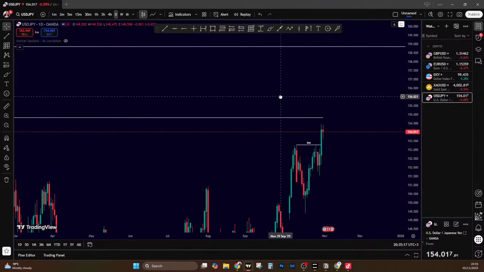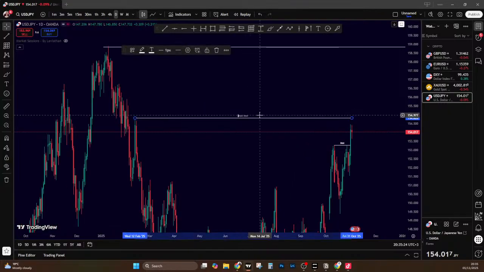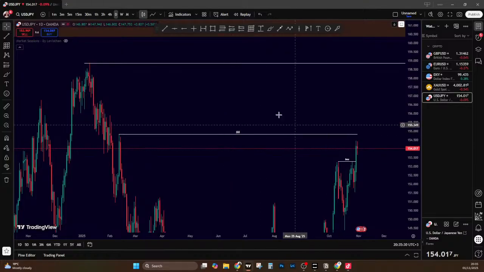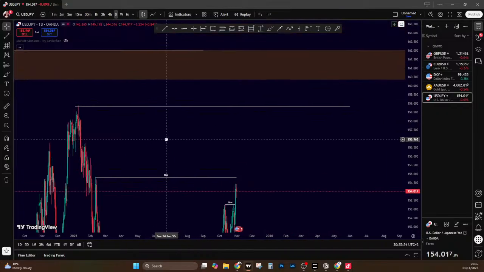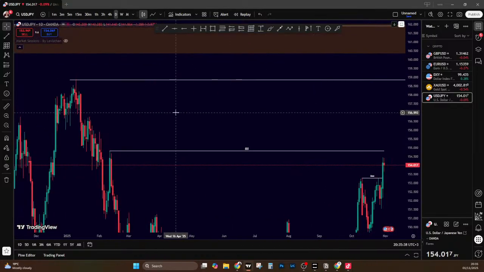I'm not willing to sell until it takes out this liquidity. So I would want to look for a POI above that liquidity, and we have a QML level here.